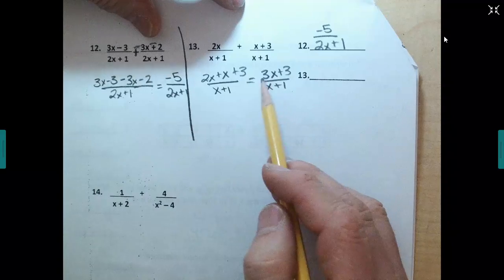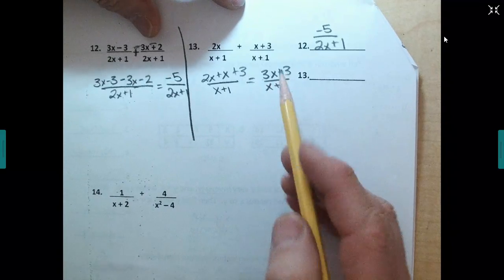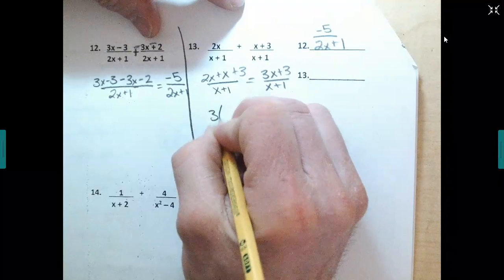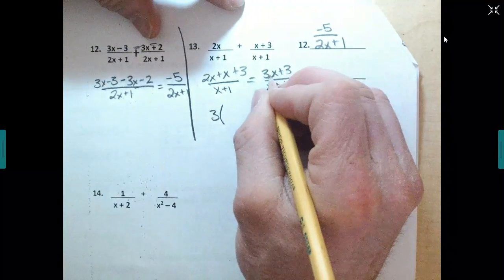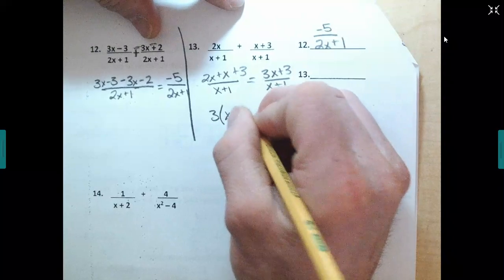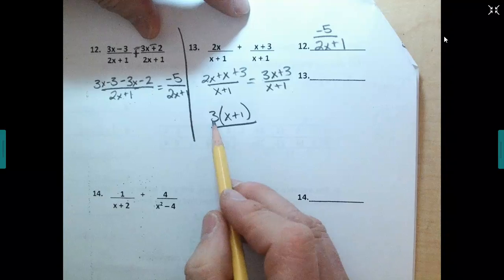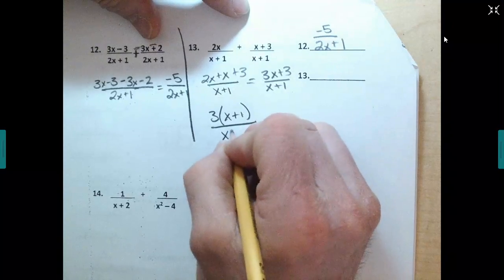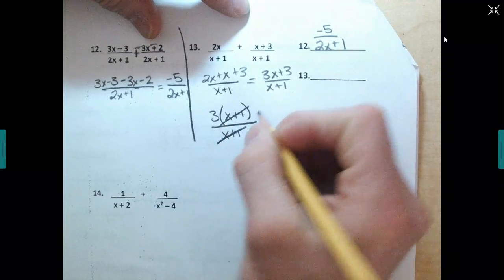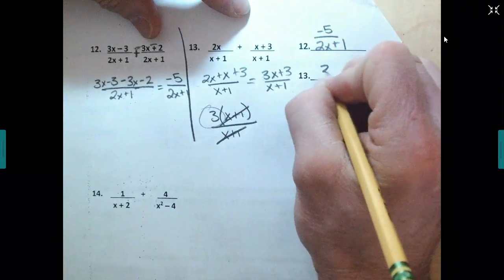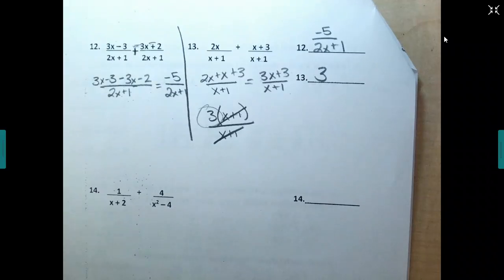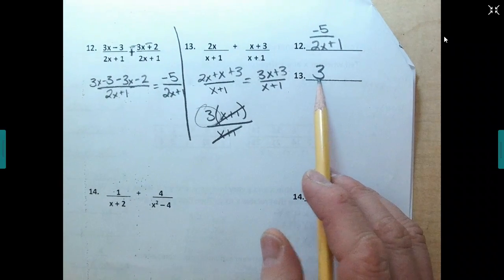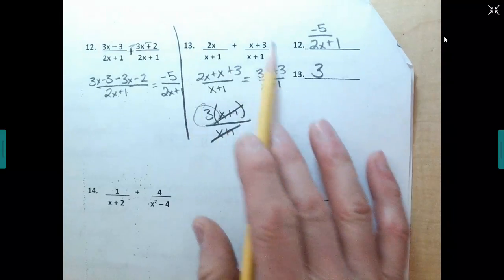Now I can actually simplify this, right, because there's a 3 here and a 3 here. So I factor out a 3. I'm left with x plus 1, because if I distribute, 3 times x is 3x, 3 times 1 is 3. So my answer is 3. And isn't that a lot more simple than that whole thing?